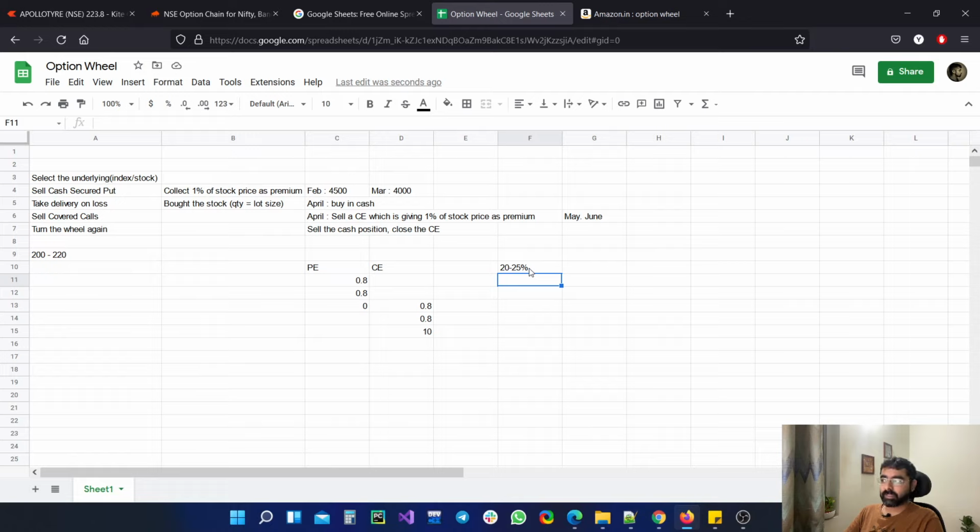One of the ways to improve your ROI is that when you are taking the delivery of the stock, you don't spend the complete money on buying the stock, instead you buy its futures. That would reduce the margin required, but futures will always be slightly higher priced than the stock. But in the larger scheme of things, when you talk about ROI, it would improve.